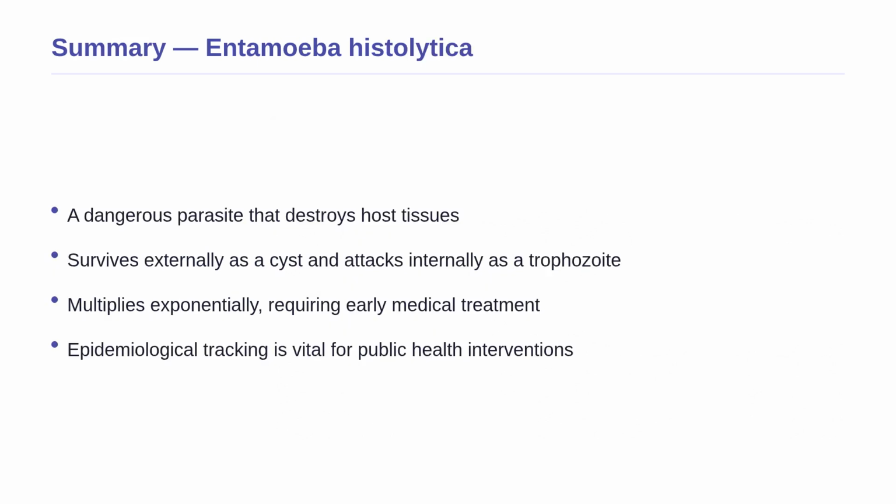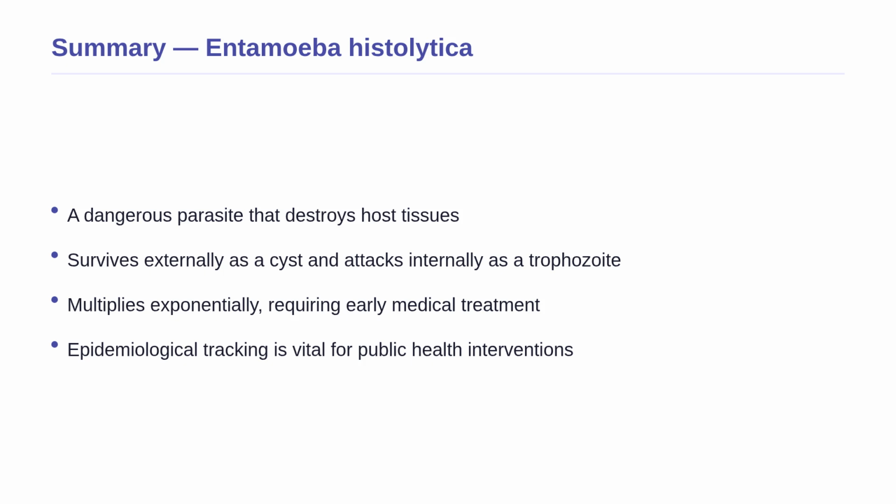We have covered a lot of ground today, so let us review the key takeaways. First, Entamoeba histolytica is a dangerous, tissue-destroying parasite that perfectly adapts to its environment by hiding inside a tough cyst.